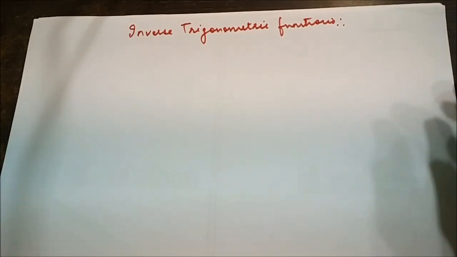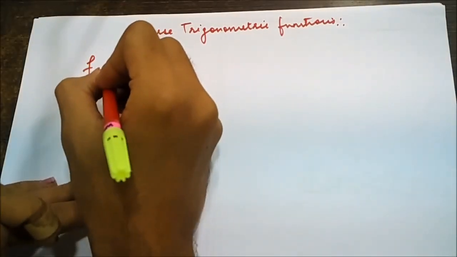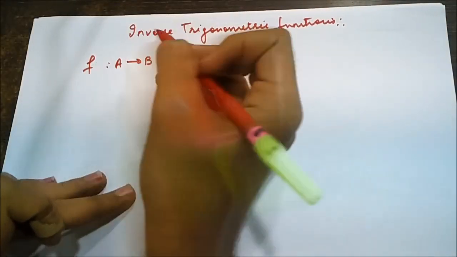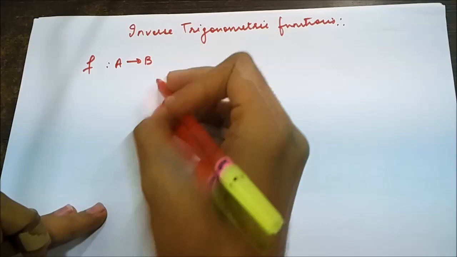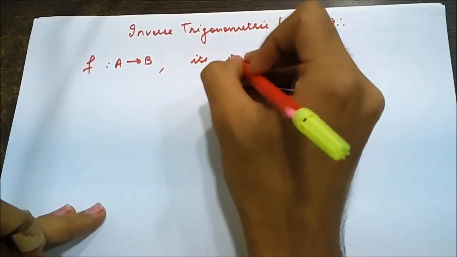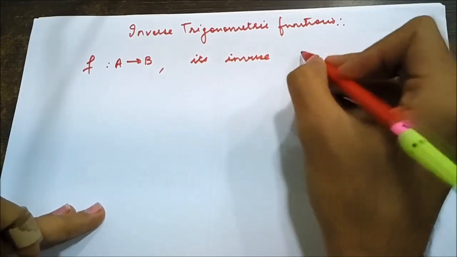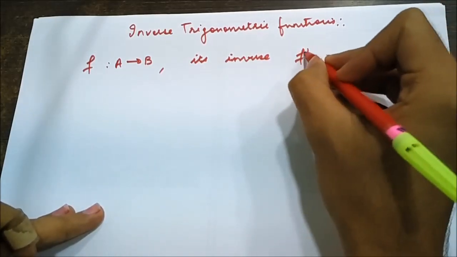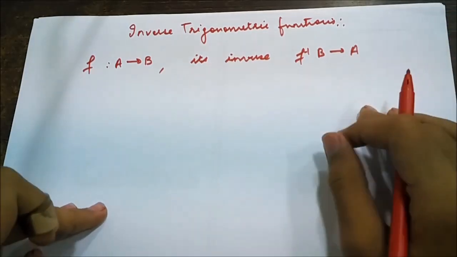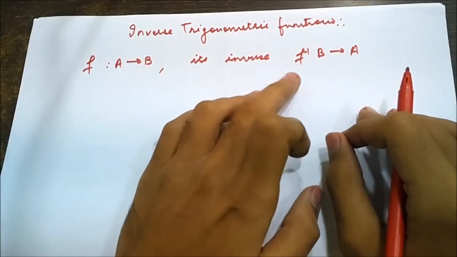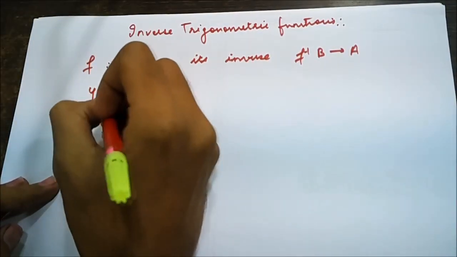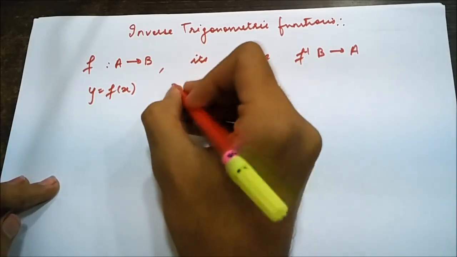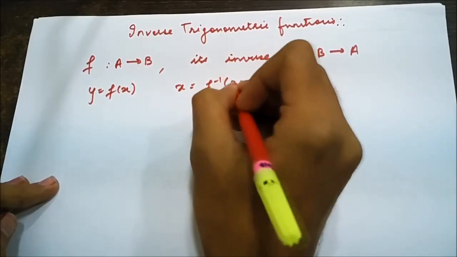Inverse trigonometric functions. So what are inverse trigonometric functions? If a function f from A to B is both one-to-one and onto, then the inverse of the given function would be f inverse from B to A. It is defined as follows: if y is equal to f of x is a function given to us, then x is equal to f inverse y.